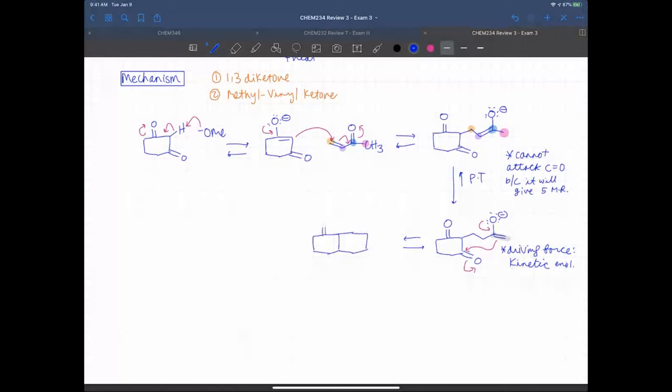So I have, well, this doesn't change, right? But then this now becomes an alkoxy group, and then what I have is a double bond here. Okay. So remember, every time you see this happening, you have to look for the nearest hydrogen, right? The hydrogen that would give you an enolate.